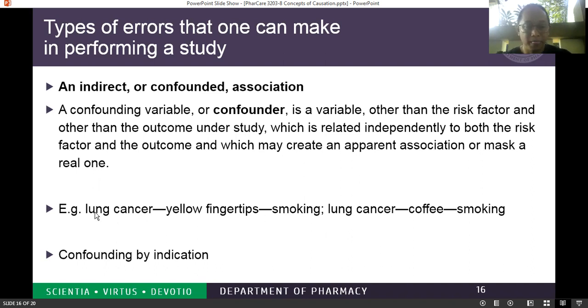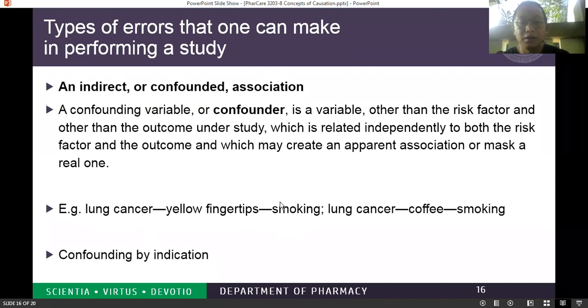For example, lung cancer, yellow fingertips, and smoking. Lung cancer is associated with yellow fingertips, but it is not that yellow fingertips cause lung cancer.